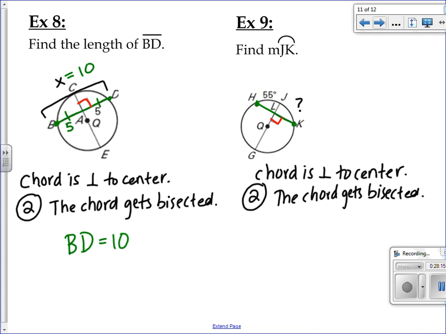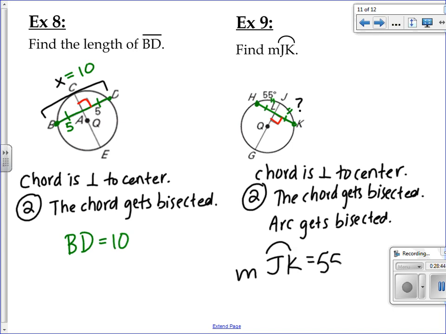So I'm going to draw little segments here. Okay. So let's also think back to property number 2. When the chord gets bisected, what also happens to the arcs? The arc gets bisected as well. So I can draw some more tick marks. Arc HJ will be the same as arc JK. So right away, there's our answer. The measure of arc JK will also be 55 degrees.